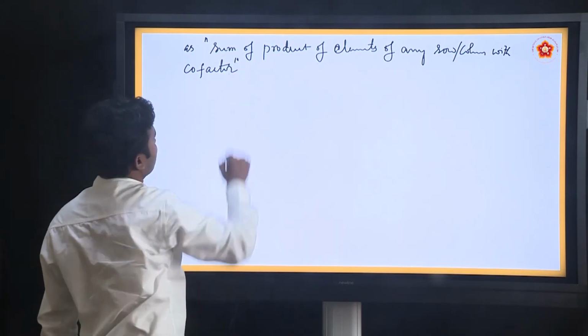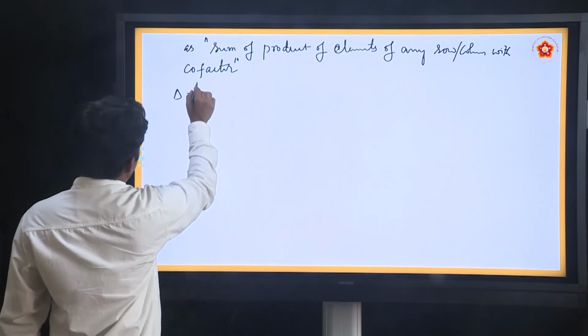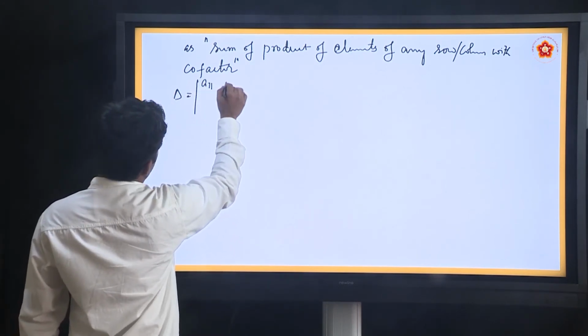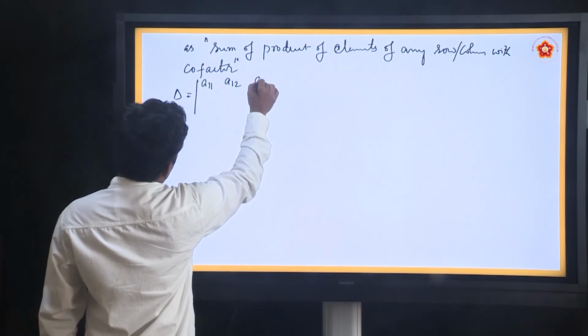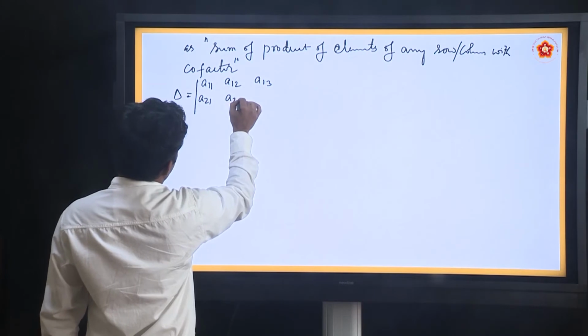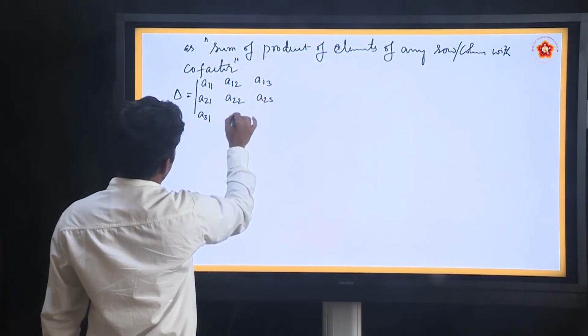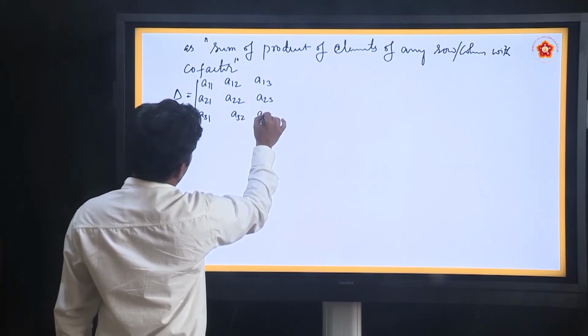See how we can express that. Suppose I have a determinant with rows A11, A12, A13, A21, A22, A23, and A31, A32, A33.